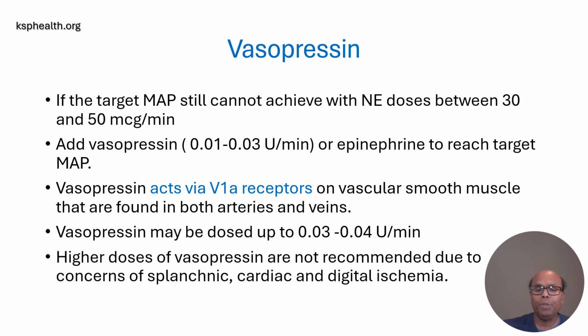It acts through V1A receptors in vascular smooth muscle that are found in both arteries and veins. Vasopressin may be dosed up to 0.03 to 0.04 unit per minute. Higher doses of vasopressin are not recommended because of the concerns of splanchnic, cardiac and digital ischemia.